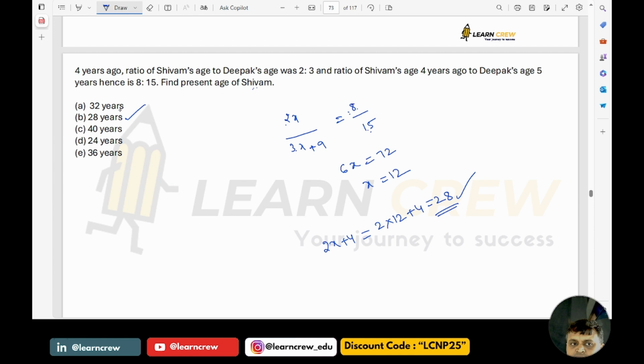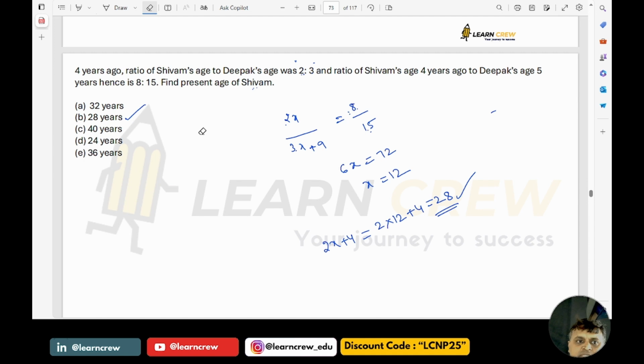First option, 32. Then 4 years ago it was 28, and Deepak's age would be 42 plus 9 is 51. So 32 plus 4 is 36 and 51, which are not in the ratio 8:15. So the first option is not correct.